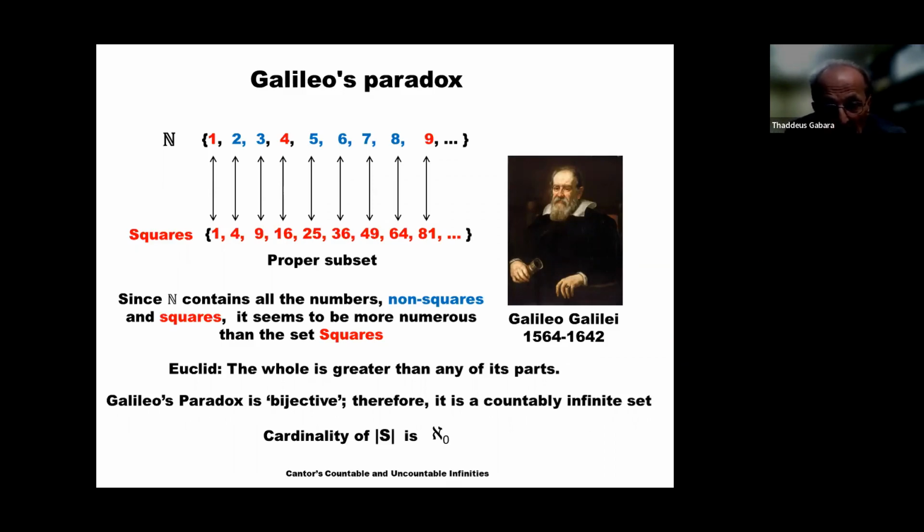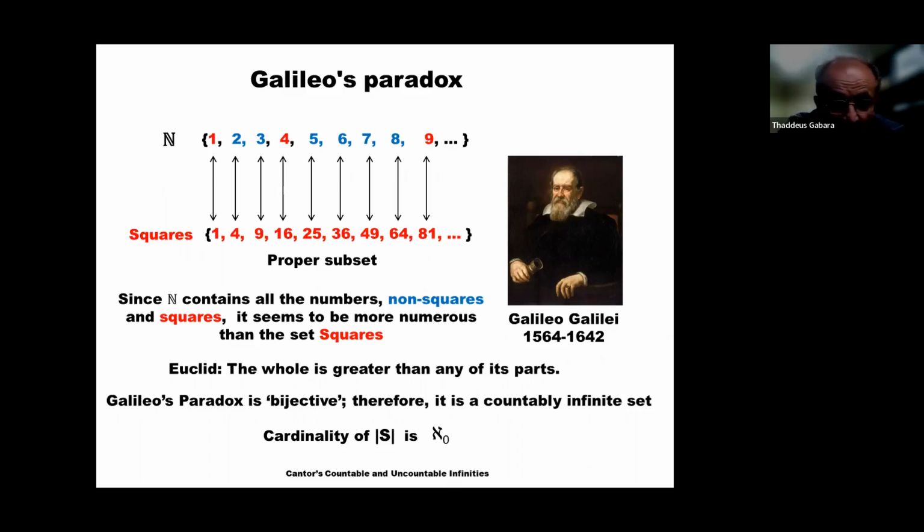The N, if we enumerate it against the squares, and even though the squares are contained in N itself, we still did a one-to-one correspondence. Galileo's paradox is bijective. It is one-to-one correspondence.